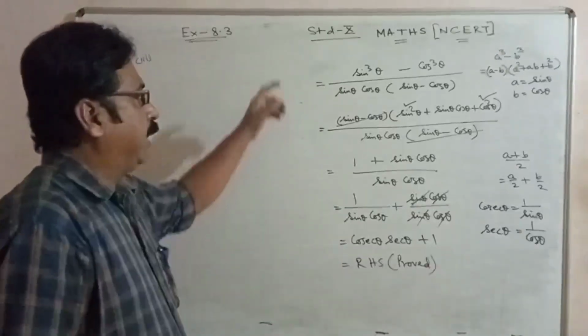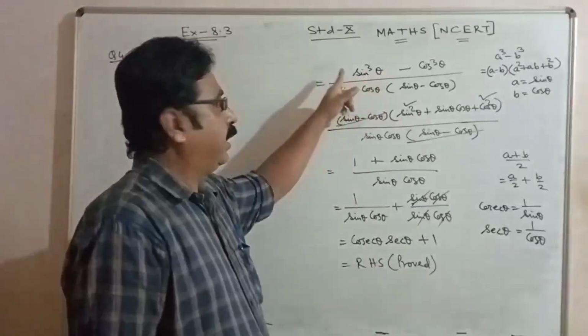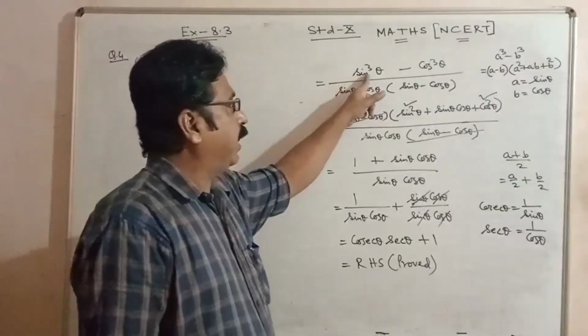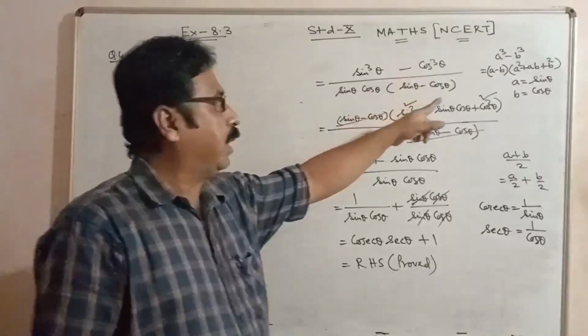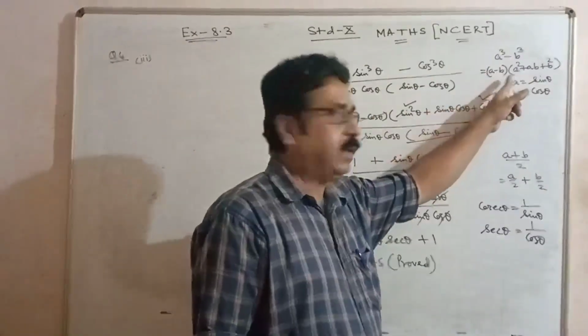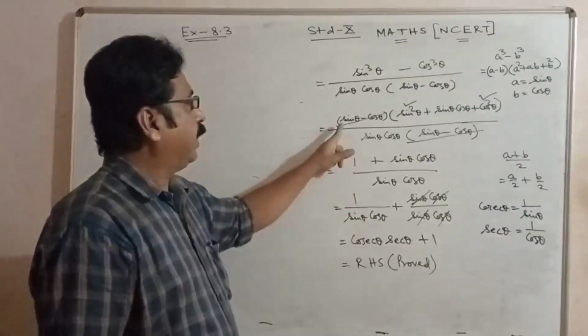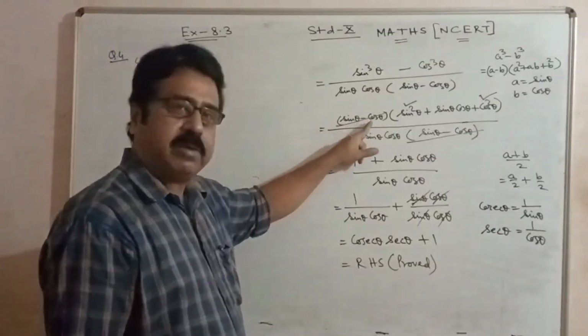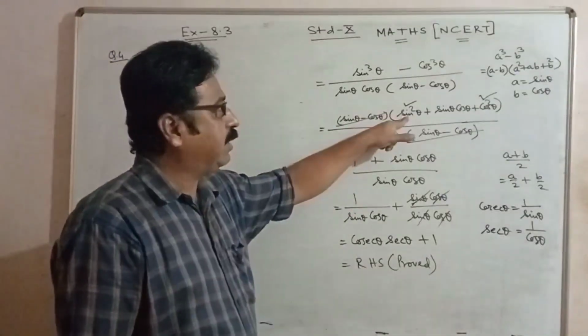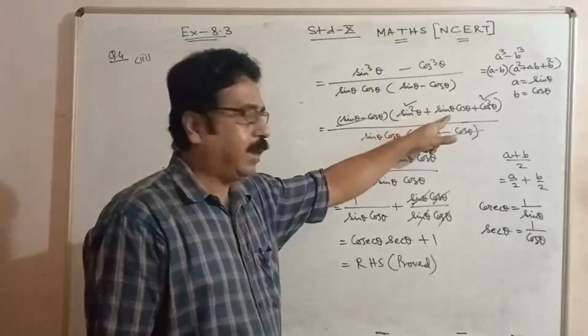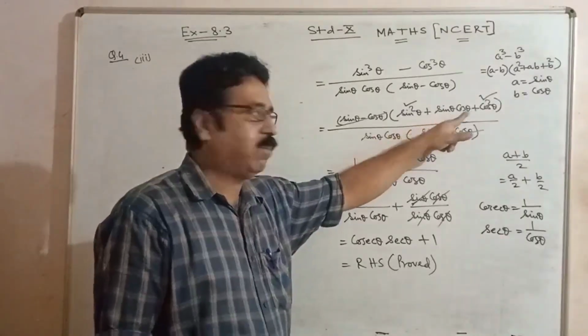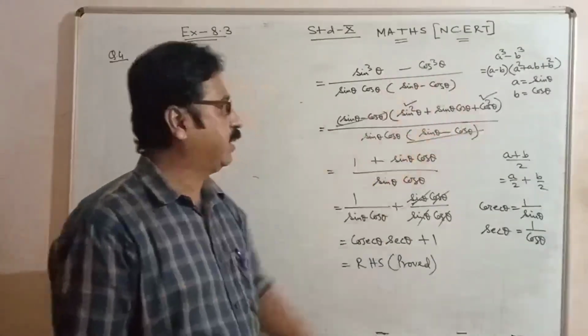So you have to be careful in this step. A cube minus b cube identity is a minus b into a square plus ab plus b square. A minus b means sin theta minus cos theta. A square means sin square theta, plus ab means sin theta cos theta, plus b square means cos square theta.